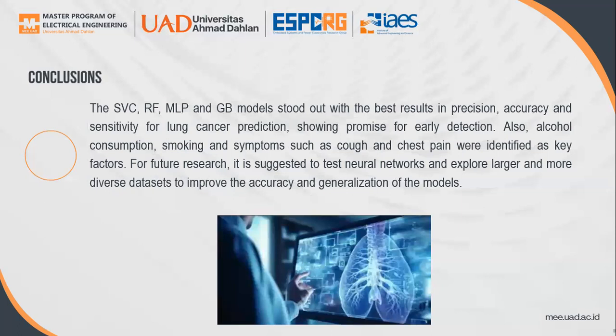Also, alcohol consumption, smoking, and symptoms such as cold and chest pain were identified as key factors. For future research, it is suggested to test neural networks and explore larger and more diverse datasets to improve the accuracy and generalization of the models.